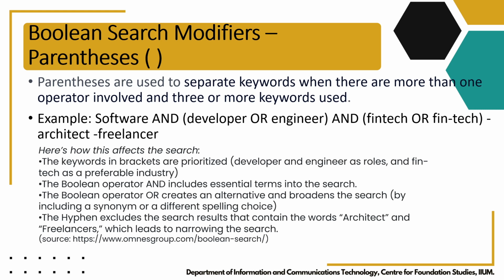So both Boolean search modifiers are valuable for refining search queries and obtaining more precise and relevant results. They allow users to express complex search criteria and tailor their searches to meet specific information needs.